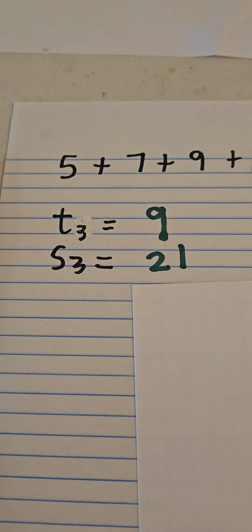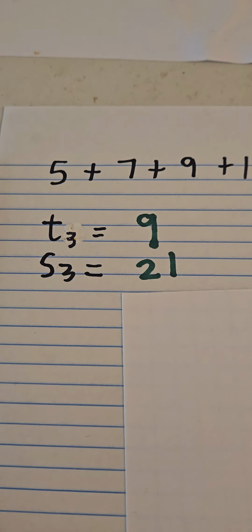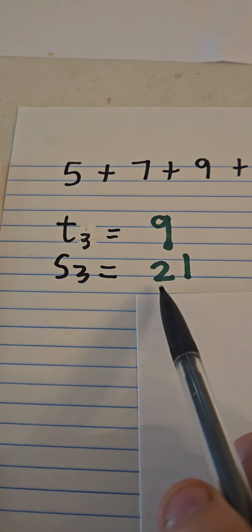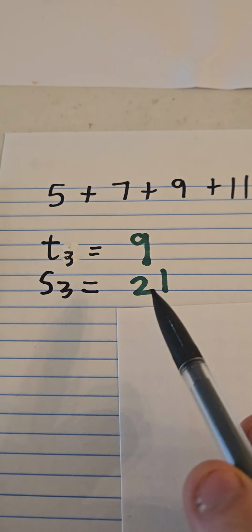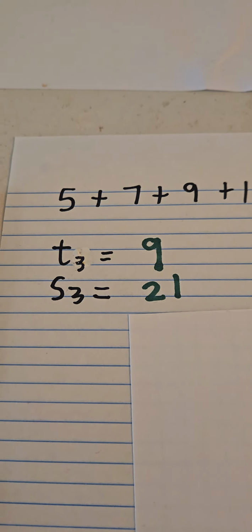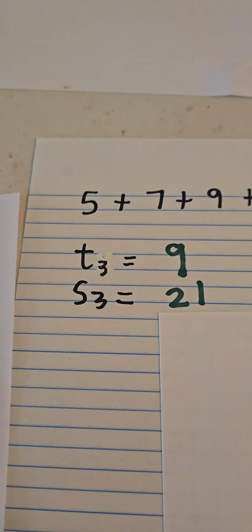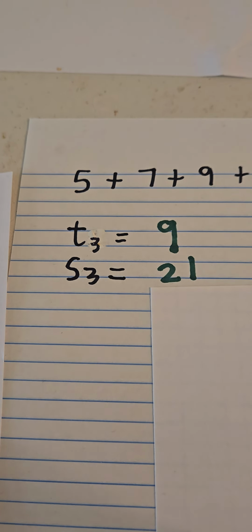S3 equals 21. Why? Because S refers to the sum of the first 3 terms. 5 plus 7 plus 9 equals 21. You got it? So like T2 is 7, S2 is 5 plus 7.